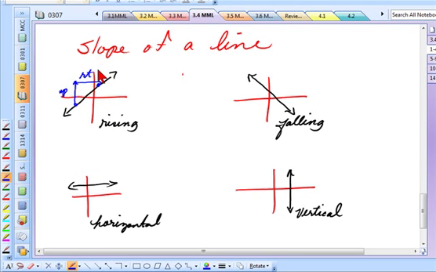Up is positive and right is positive. So the slope of a rising line is always going to be a positive over a positive. I guess it could be a negative over a negative, but the slope is positive. And that is the conclusion that I want you to know about rising lines. If a line rises, its slope is positive.